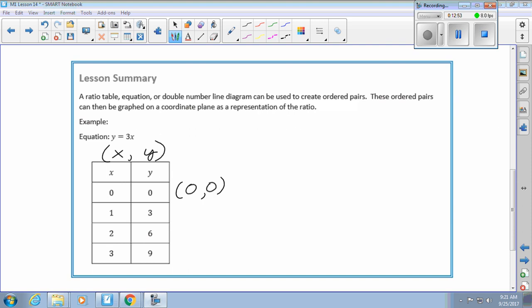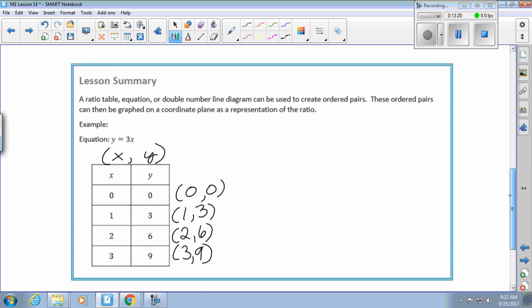It's where the X and the Y axis meet. All right, so this one would be 1, 3. This one would be 2, 6. And this one would be 3, 9. You always put the X coordinate first. All right? So we are going to do that same thing with a ratio table involving some pies.